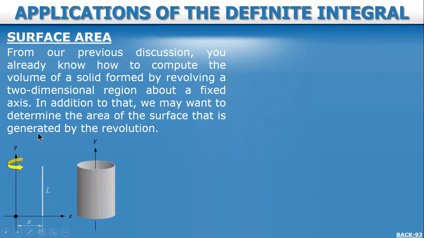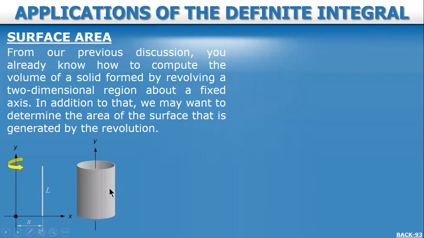So instead of the solid being our concern, it can also be the surface area. The area of this cylinder is generated by revolving this line about the y-axis. In solid geometry, we call this the lateral area.